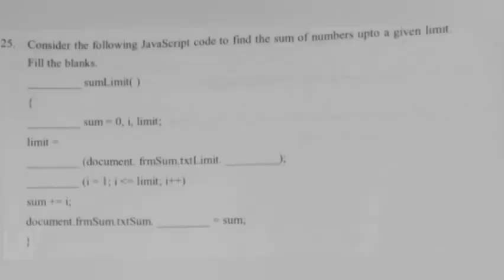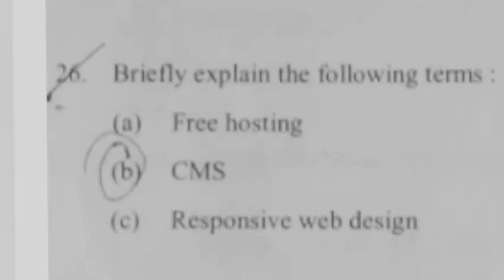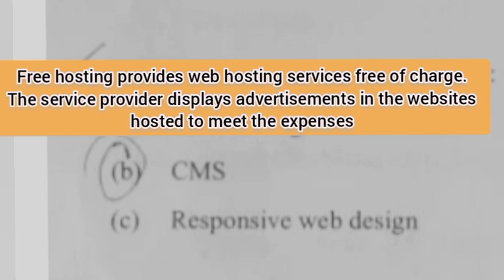Answer: 25. Consider the following JavaScript code to find the sum of numbers up to a limit. Fill in the blanks. Answer: 26. Briefly explain the following terms. A. Free hosting. B. CMS. C. Responsive web design. Answer A. Free hosting provides web hosting services free of charge.